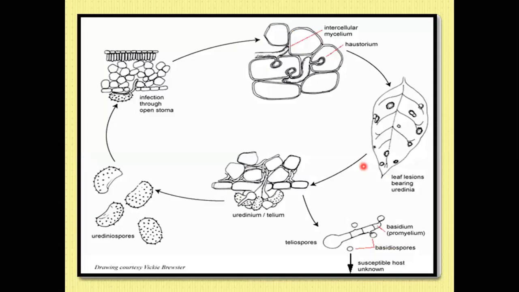Then we go to the next point regarding coffee rust, that is the etiological part of Hemileia vastatrix. This fungus develops mycelia. This mycelium is always intercellular, and it grows into the host cells by forming haustoria. Haustoria are the sucking organs.